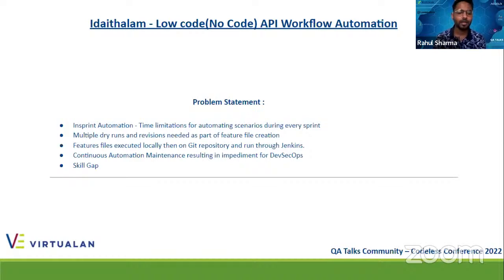Okay, so the fourth problem statement was continuous automation maintenance. As I already said, that was an impediment in DevSecOps. There is also the skill gap, which I generally see when someone from my team moves to another project or leaves the organization, or someone new joins the team.